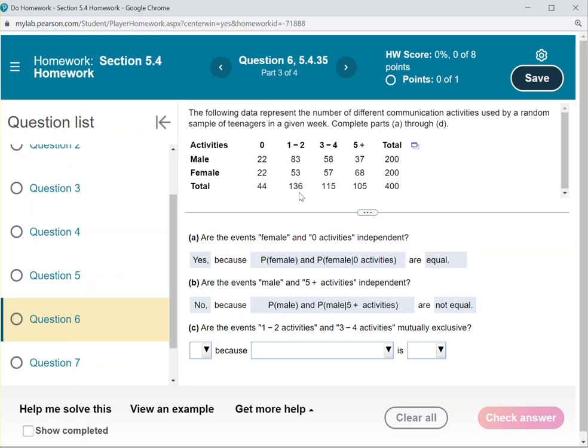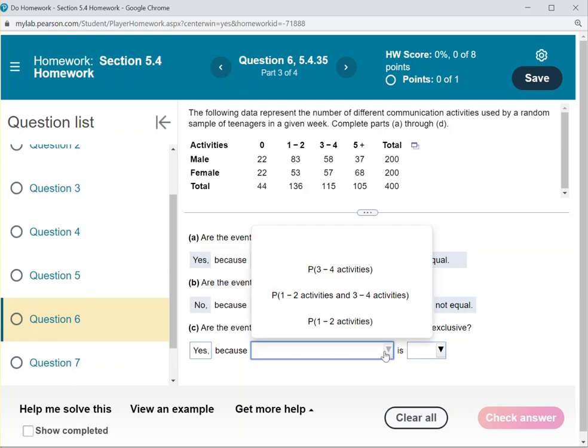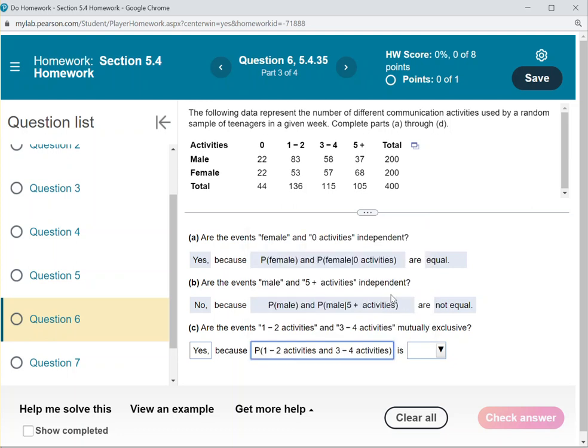You can't have a person that has 1 to 2 activities and also 3 to 4 activities. And so here we would say yes, they are disjoint, because the probability of 1 to 2 activities and 3 to 4 activities is 0. We can tell that they're disjoint if the probability of both occurring is 0.